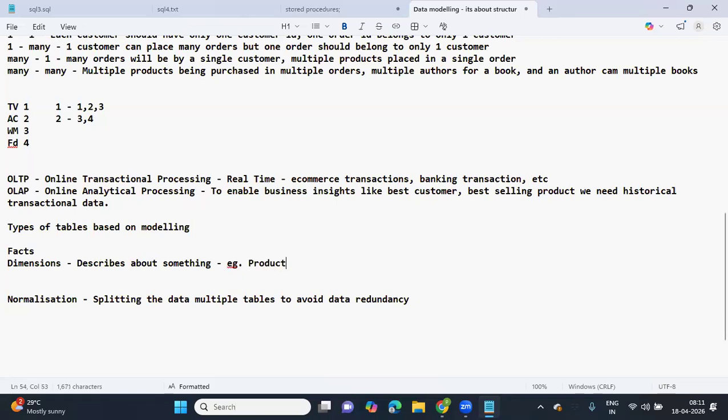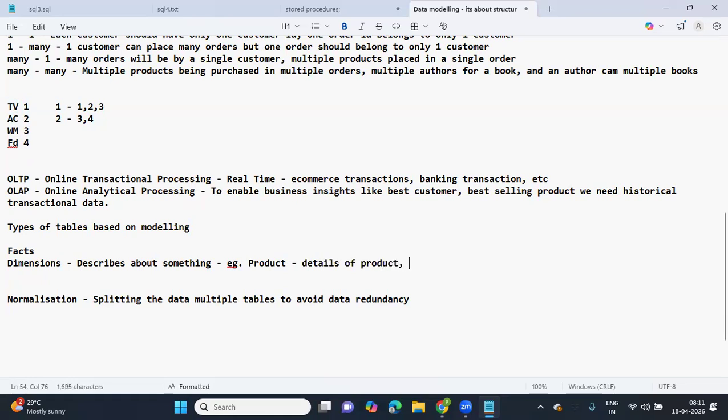Let's say we have a product table. What it describes: we will have an ID for the product, and this is the description of that product. ID 1 refers to TV, ID 2 refers to AC, 3 refers to washing machine, and fridge, respectively. Basically, the details of the product.